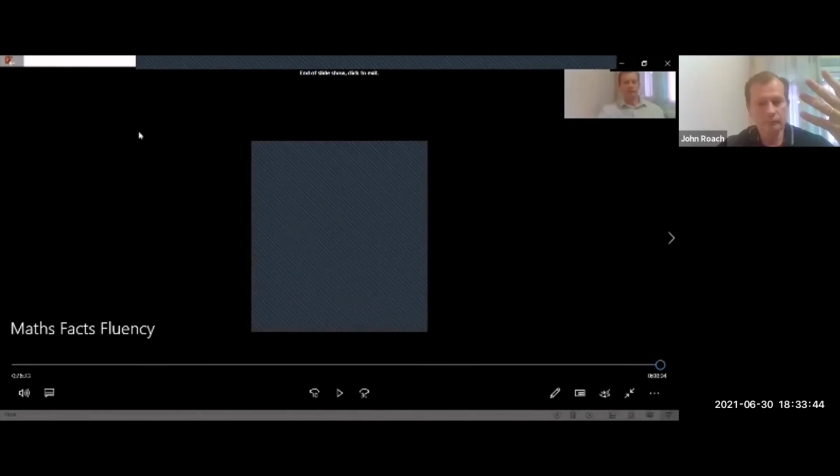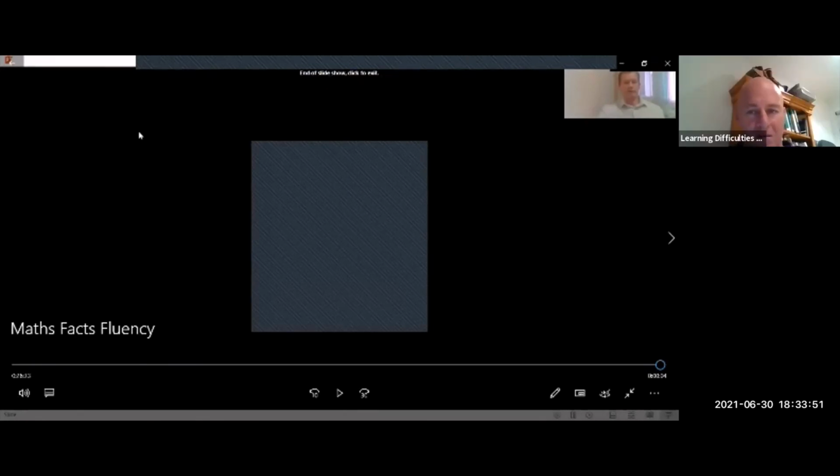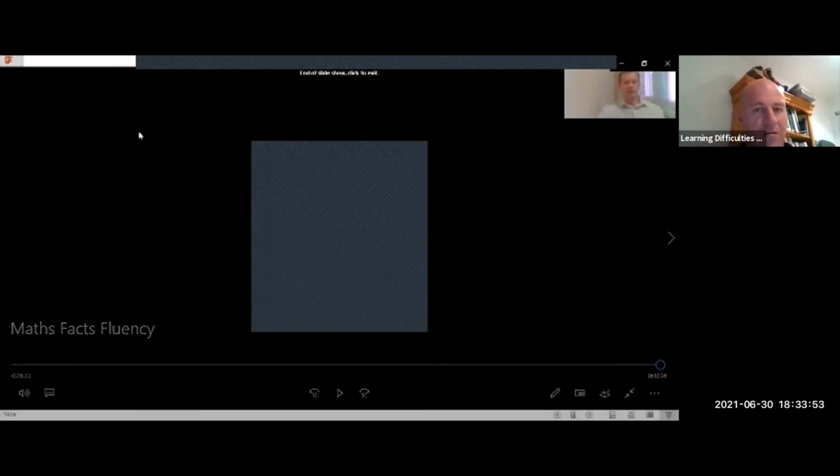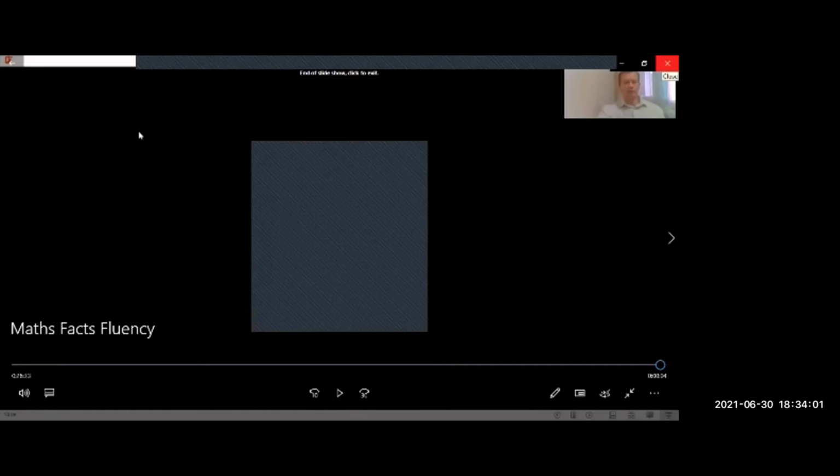Would I share my camera? We can see him in the small gallery, but not big on the screen. Okay. Can you see my... I've just got to get out of this. Yeah, I can see your fingers, John. All right, maybe I'll just show you with my... Can everyone see my hand? Yes, I can see your hand. Oh, sorry. I'm the only one that couldn't.